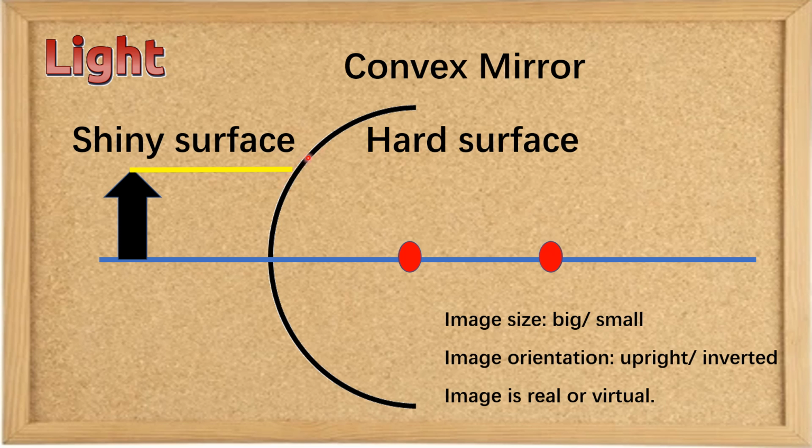If you look at the side, there's an angle here, so the light will be reflected away from the mirror. Also, when you are using your ray diagram, don't forget to make an arrow because this will show where your light comes from.